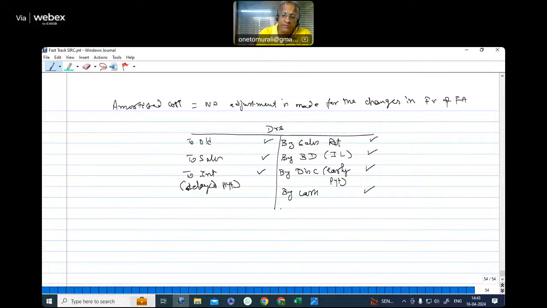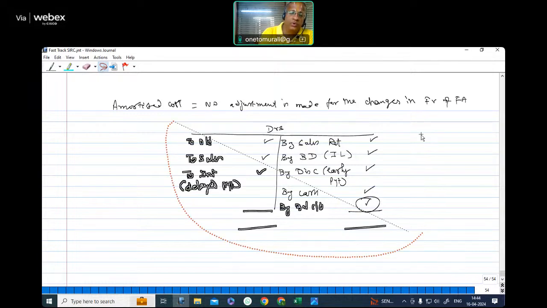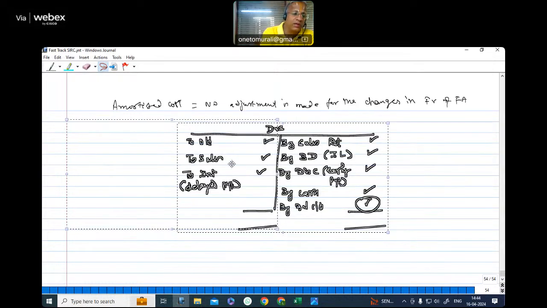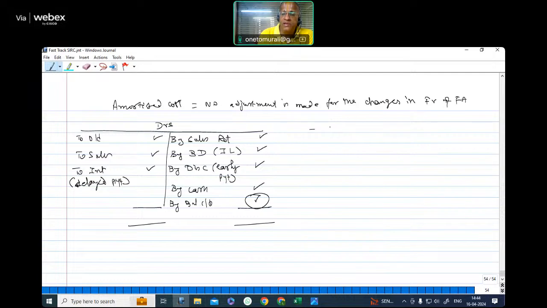By cash, by balance carried down. So this is the way we will be arriving at the balancing figure, isn't it? To balance brought down, opening balance plus sales plus interest, sales return, etc. So one important thing is that initially that financial asset shall be booked at fair value.